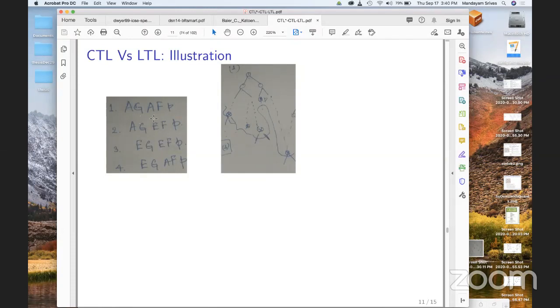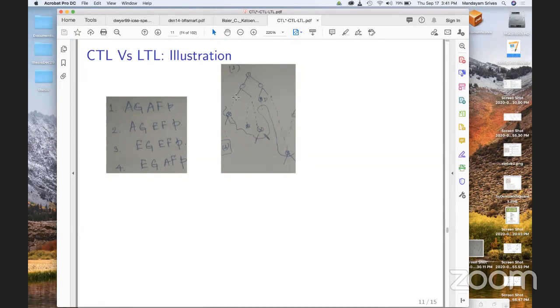So what does AG F of P, as a CTL formula, say? On every path from an initial state, that is from a root, you have to have a state for which AF of P should hold.